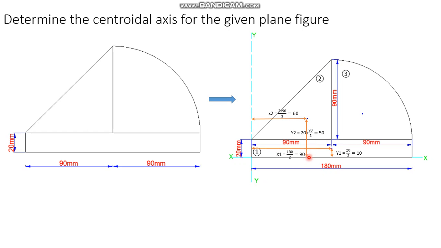This distance is 20 mm, and this distance is d by 3, that is 90 by 3, 30. Plus 20, you will get 50 mm.